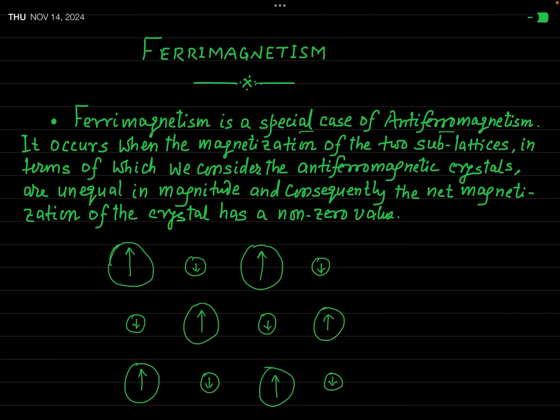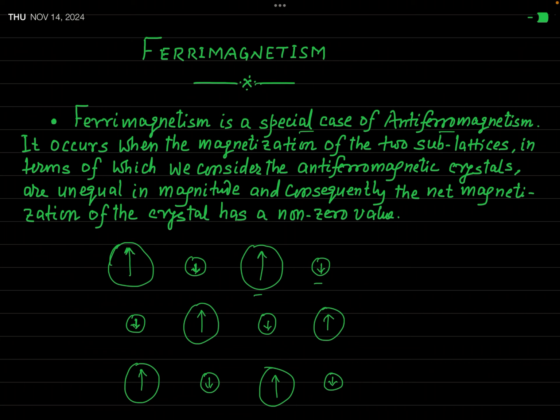But when you talk about ferrimagnetism, there will be a slight difference, as you can see in this figure. Here the first spin is up and its neighboring spin is down. Again this neighboring spin is also down. Then again this spin is up and this is the down spin.